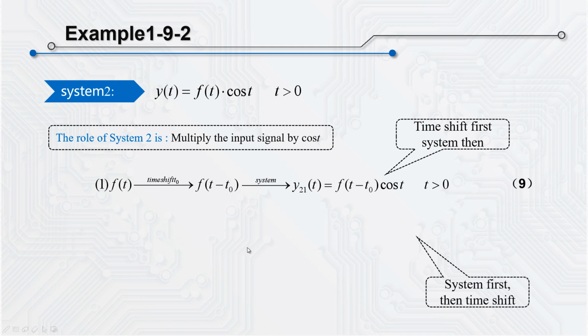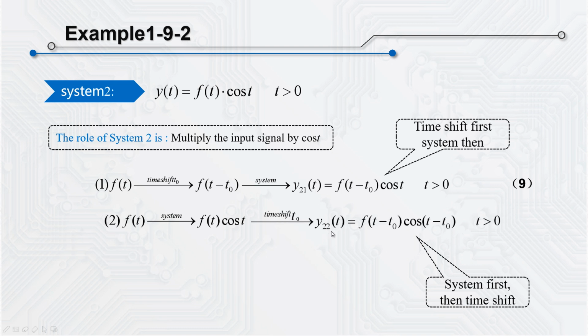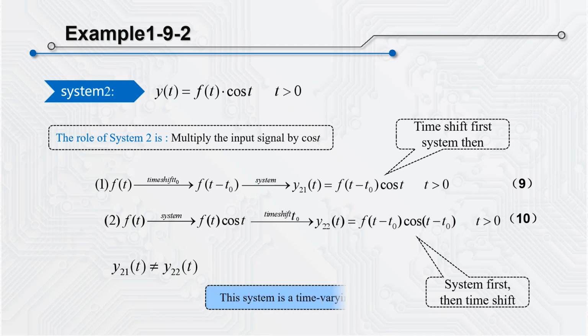According to the rule of system operation first and then time shift, f(t) enters the system to produce the output, and then it is time shifted by t0 units to get y22(t), as shown in formula 10. By comparison, it is found that y21(t) is not equal to y22(t). Obviously, system 2 is a time-varying system.